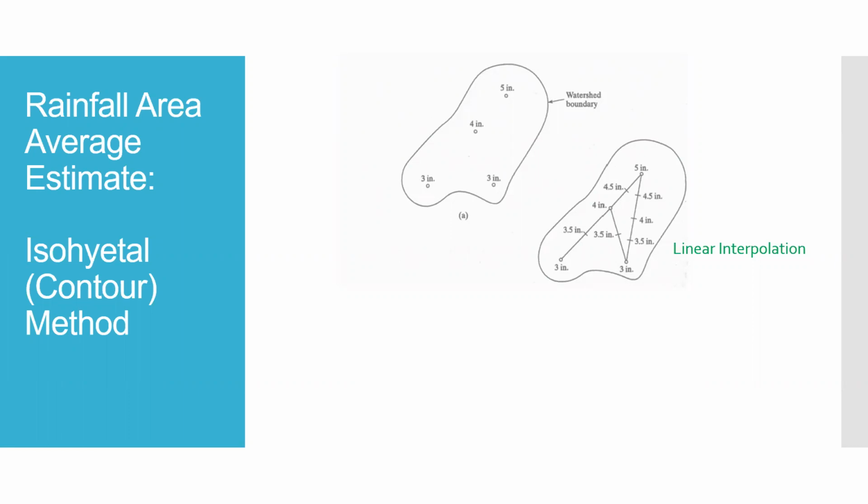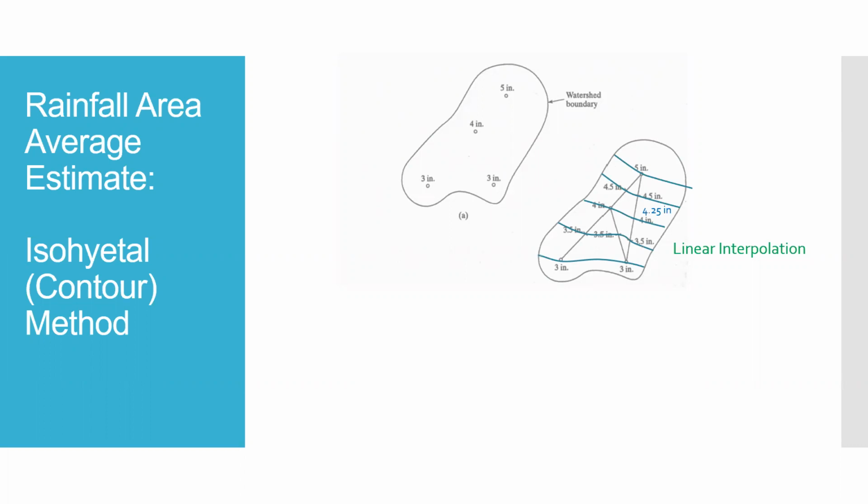And we're going to connect the dots here. So 3 to 4. We'll put the midway point at 3.5. Same here. We're going 3 to 5. So we put these half inch midway points. And then we're just going to connect those depths that are equal with lines. We'll just draw lines through them. Do your best to draw by hand. And then we'll note that the area in between here will be assigned whatever the average is between those.